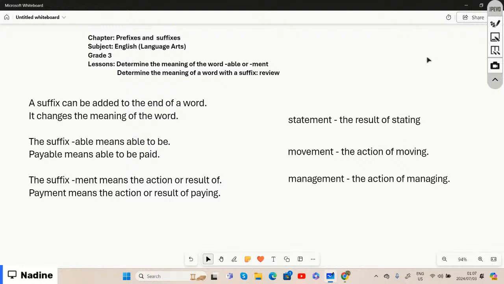And in our previous lesson, we spoke about the base word, right? A base word is a word that can stand on its own. Then we have our prefix that is added before our base word, and then we have our suffix which is added after our base word.